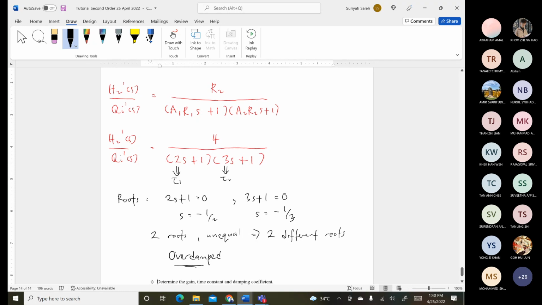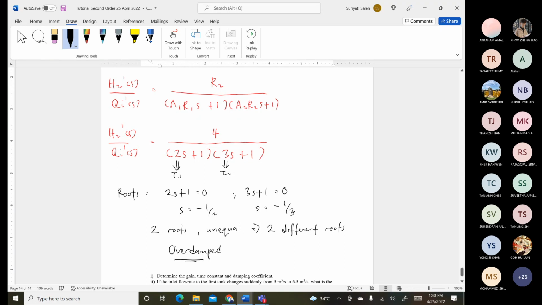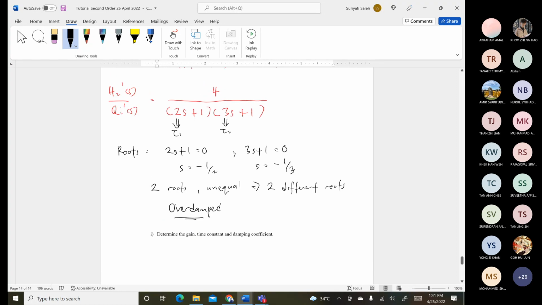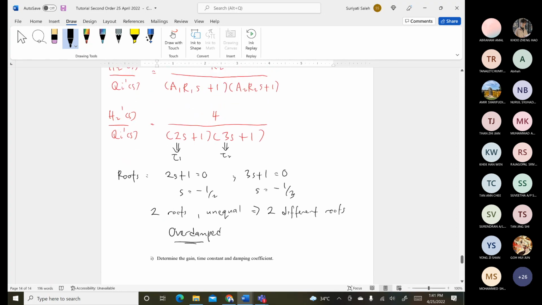So this is the first approach to determine which category the second order falls under. The second, of course, is using the damping coefficient. For this part, this can be extended to 6s squared plus 5s plus 1.